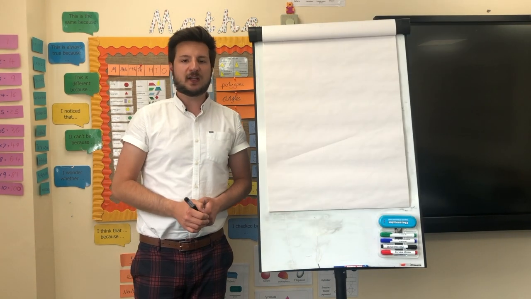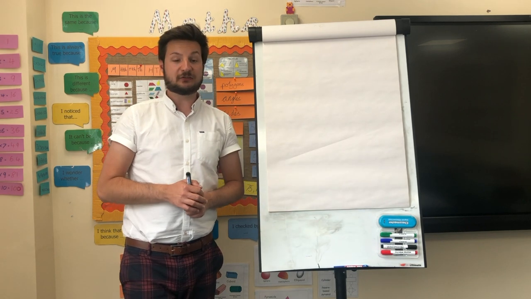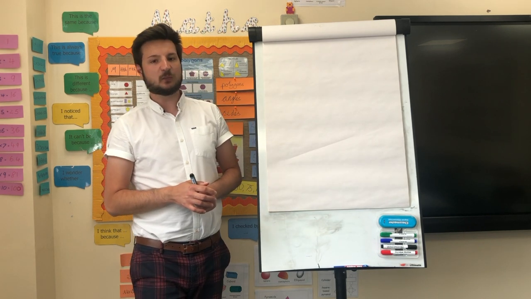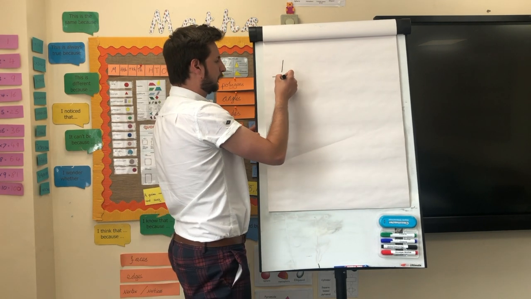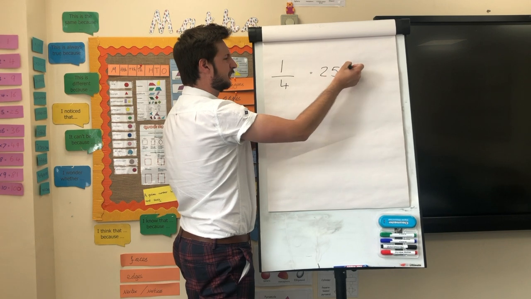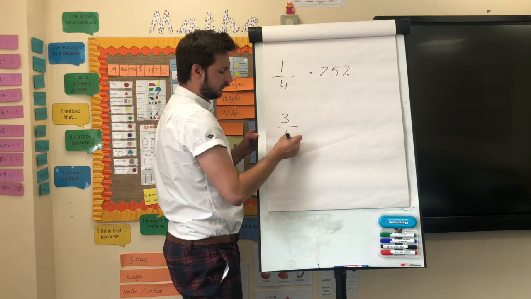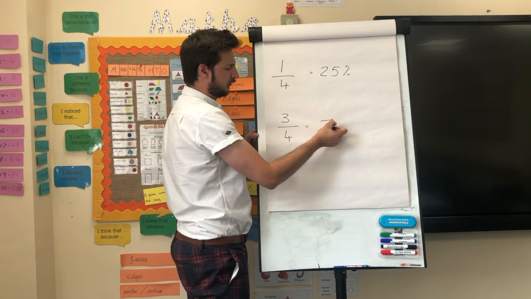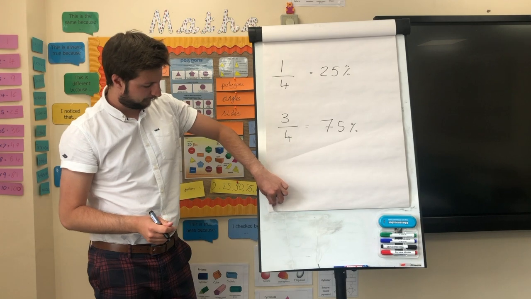So like we did with the 50% and the half, let's use our knowledge of fractions to see if we can explain why 1/4 is equivalent to 25% and 3/4 is equivalent to 75%.